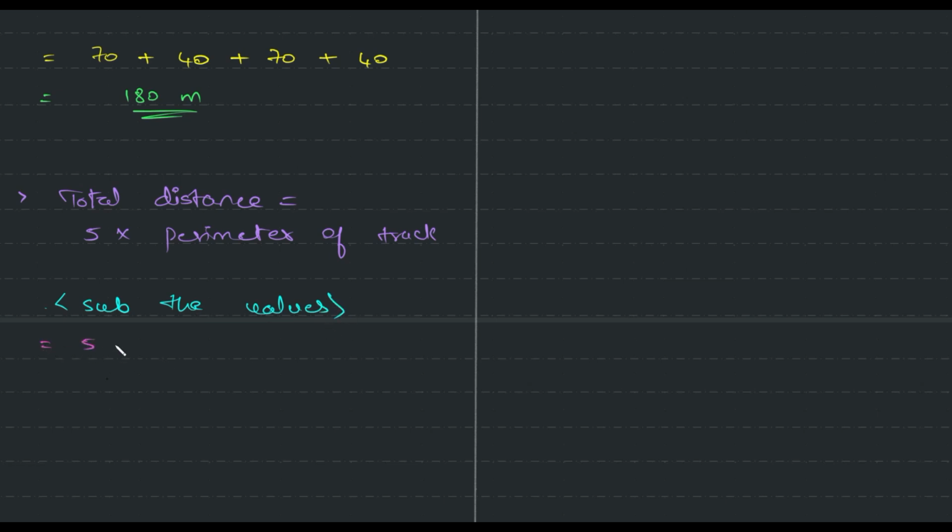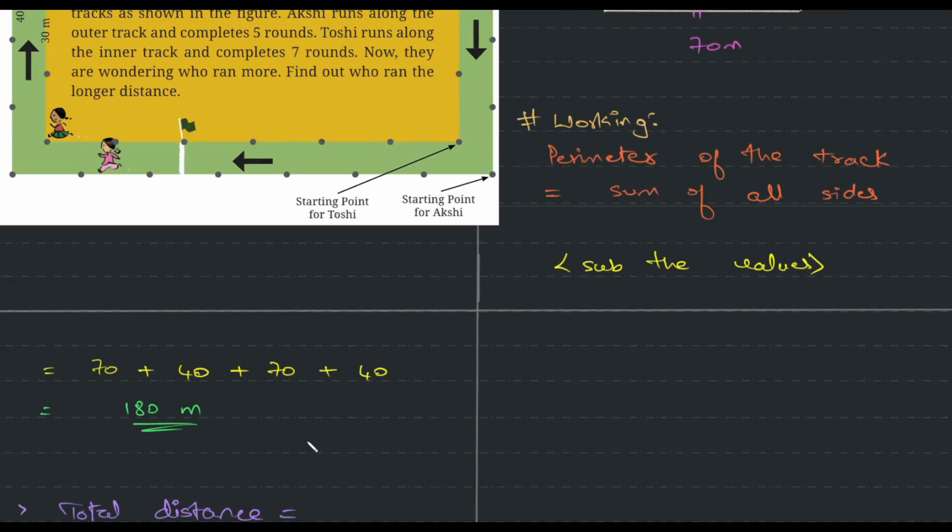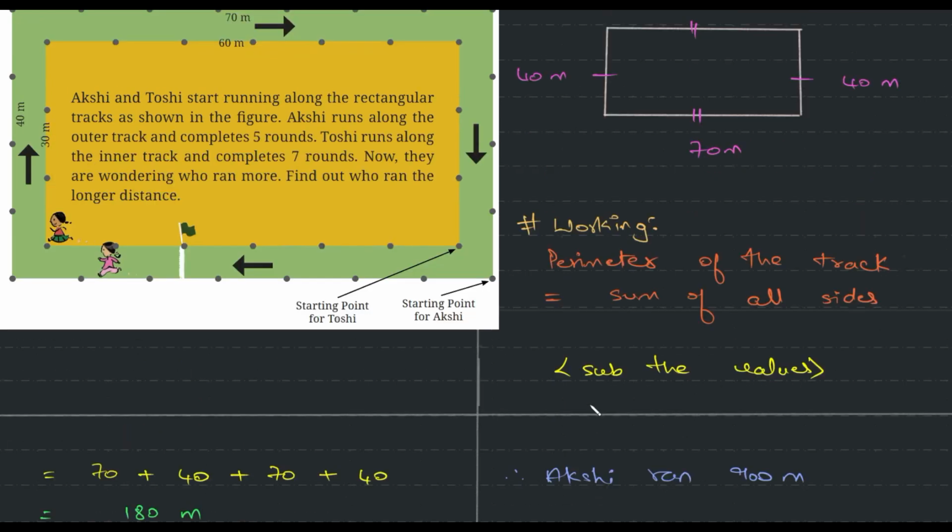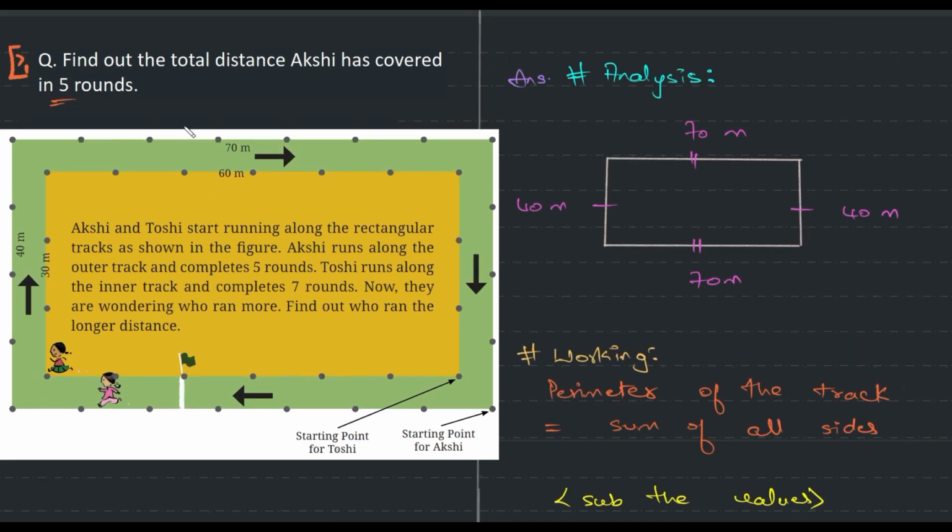So this will be 5 times the perimeter, that is 180. And this is how much? 900 meters. Therefore, conclusion, Akshi ran 900 meters. Right, she ran 5 rounds.